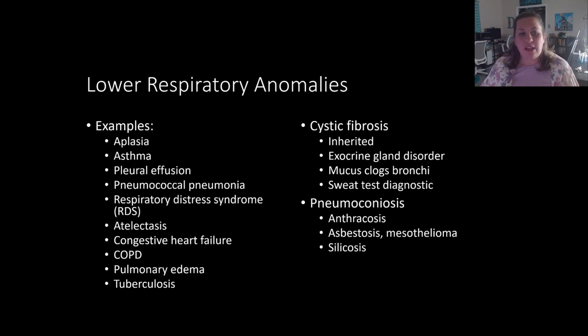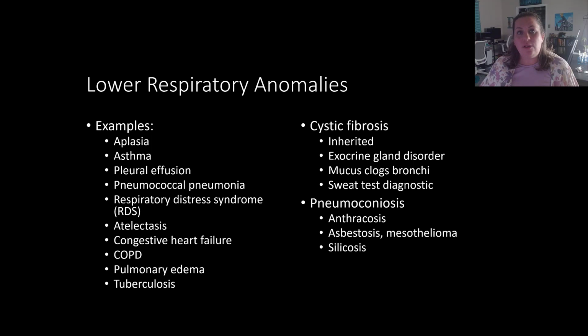Another type of infection is going to be tuberculosis. This infection is a chronic infection. It commonly affects the lungs, and tuberculosis can be super contagious, and it does still kill lots of people every year. Now, a lot of times when we're looking at a lot of these diseases, if you've got an active infection in the lungs, you have fluid buildup, and this is known as pulmonary edema.